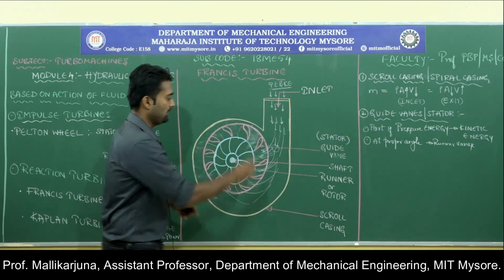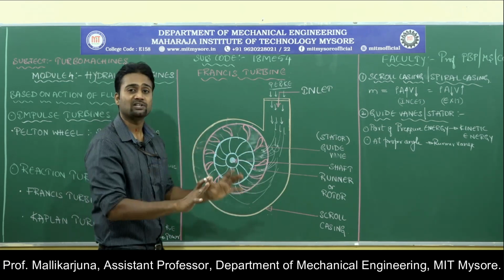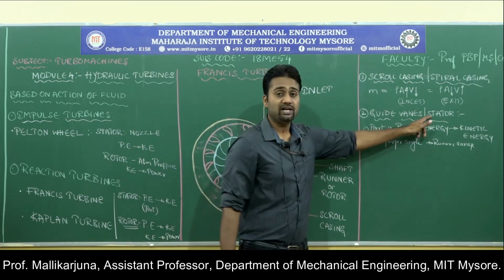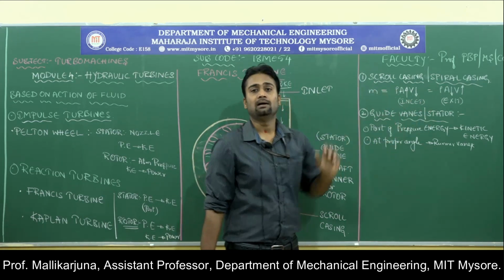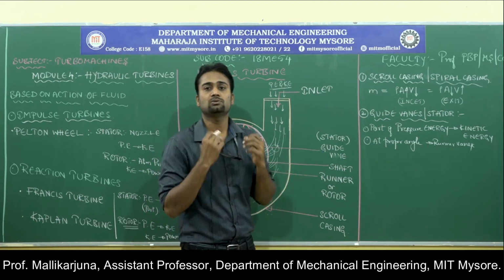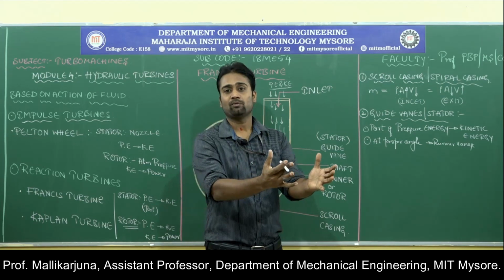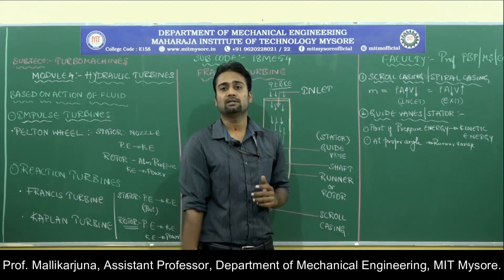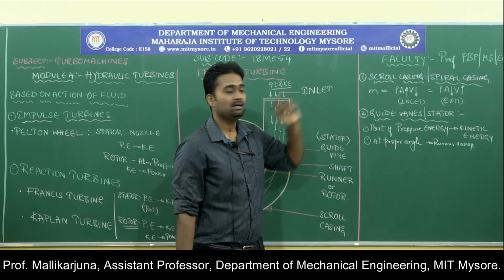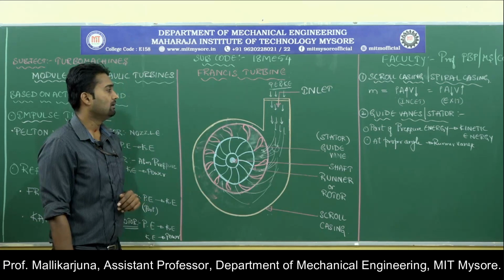And make sure these guide vanes are not going to rotate, they are fixed. Because of that, these guide vanes are also called the stator component of the turbine, because they are not going to move. Their function is to guide the fluid, and to increase the velocity by reducing the pressure partially. So this is related to the guide vanes of a turbine.